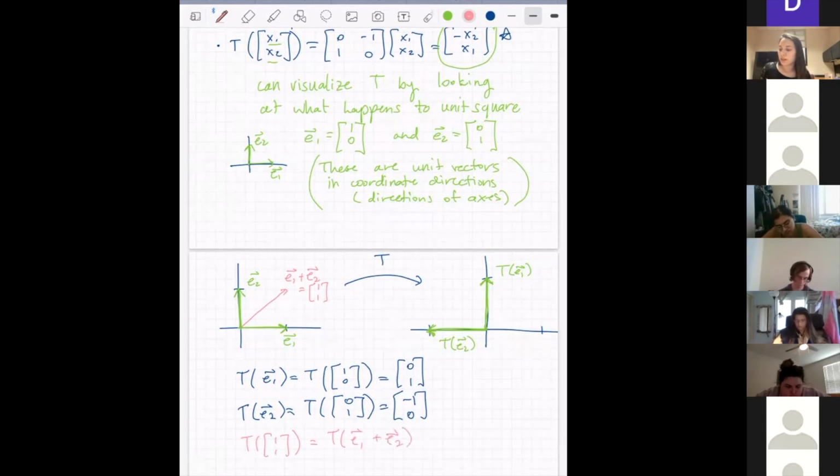So this is E1 plus E2. We know that that is T of E1 plus T of E2. And we already computed these. So the image of E1 is 0, 1. The image of E2 is -1, 0. And then we just add these together. We get -1, 1. And then on our picture, we would get -1 for the first coordinate and 1 for the second. So it ends up being right here.